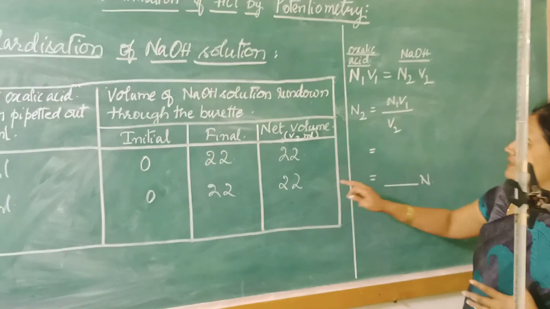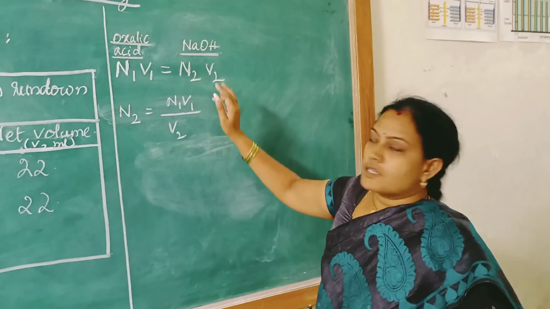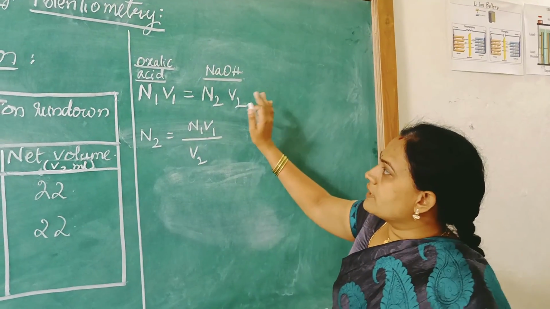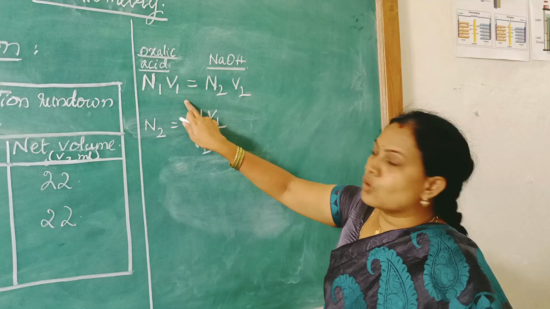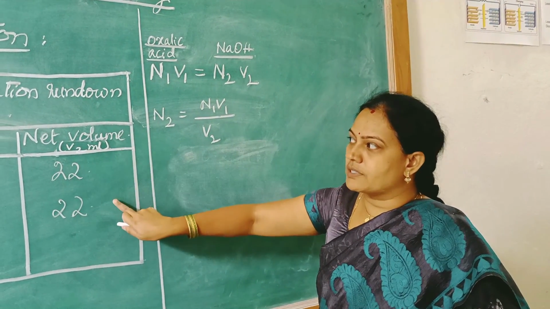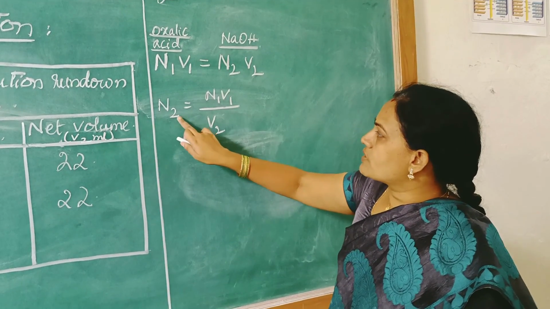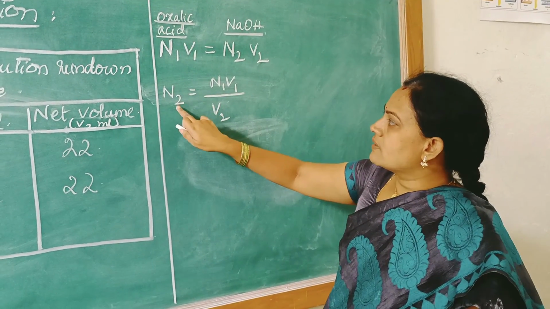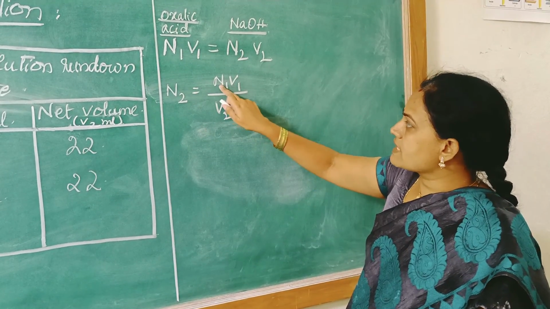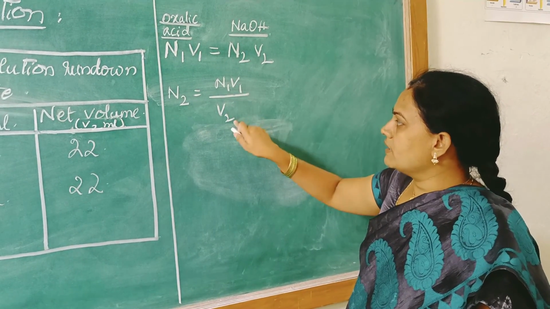Now to calculate the concentration of sodium hydroxide, we are taking the help of the normality and volume of oxalic acid and the volume of NaOH that is used up. Using the law of equivalence, we have the derivation for N2, that is the normality of NaOH, as N1 V1 by V2.